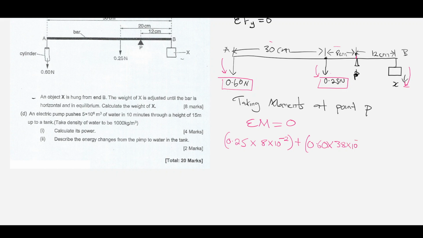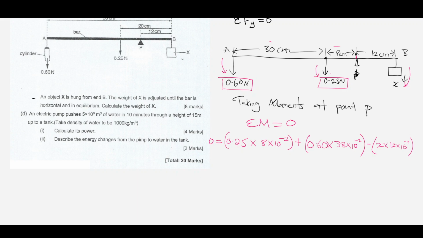Minus the moment for X, which is going in that direction, X times 12 times 10 power negative 2. So all this has to equal 0.